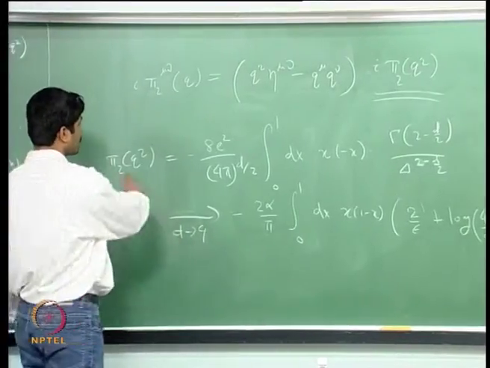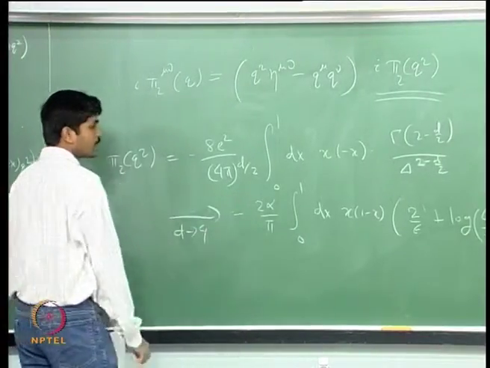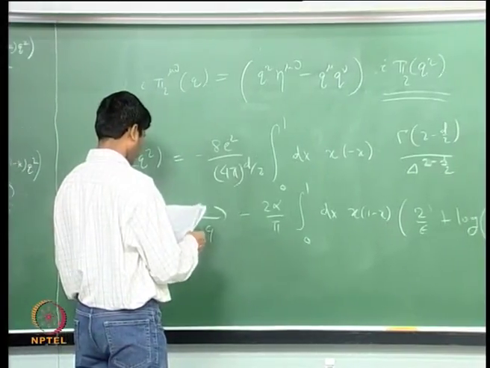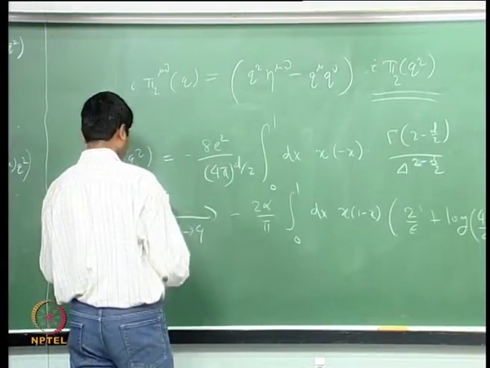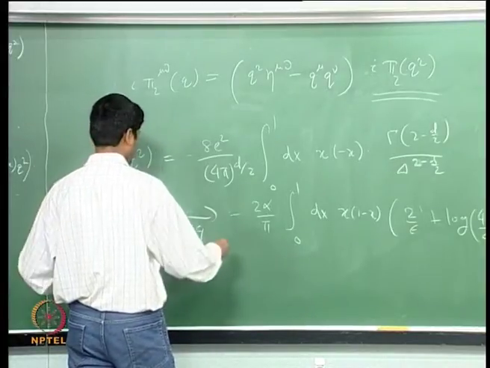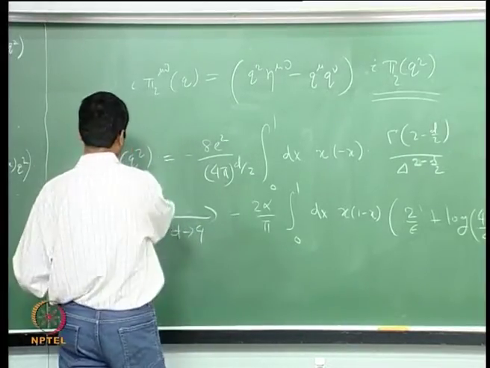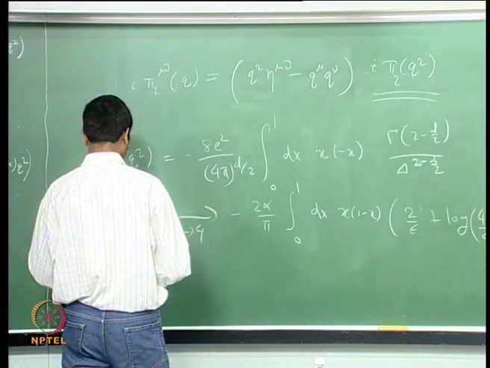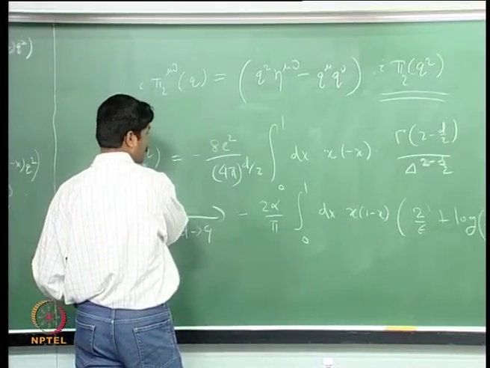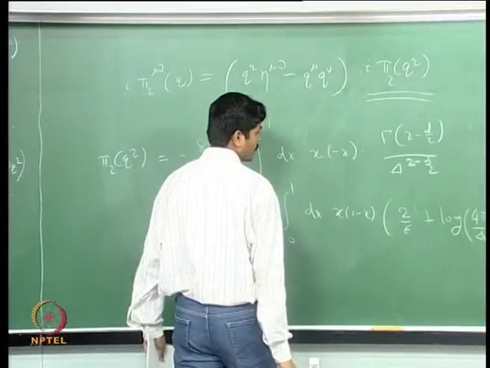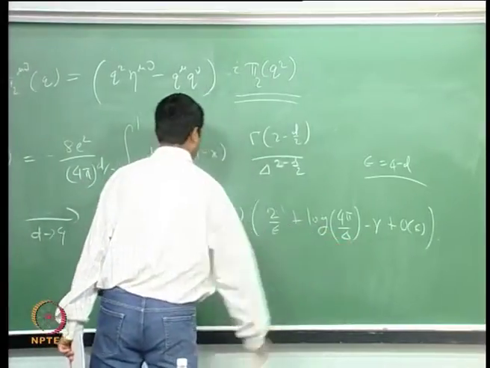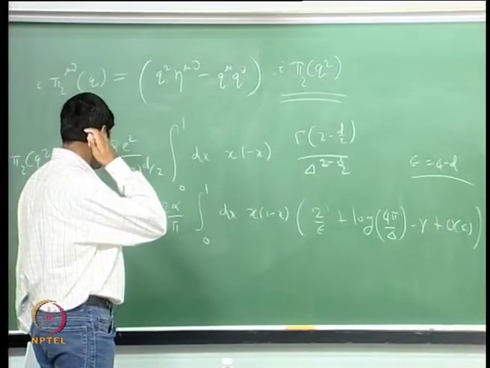So, from here we can just calculate the shift in the electrical charge. The order alpha shift in the electrical charge is simply given by pi 2 at q square equal to 0. You can see that pi 2 at q square equal to 0 is, so the q square dependence appears here in delta.